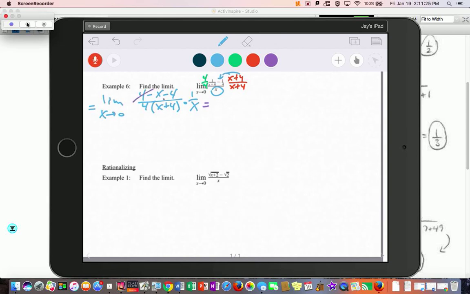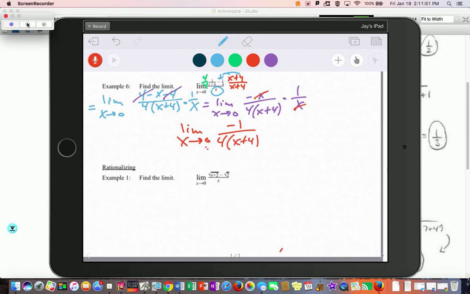So these go away, and you have negative x over 4 times x plus 4 times 1 over x, and now the x goes away, and we're looking at what is the limit as x goes to 0 of negative 1 over 4x plus 4.